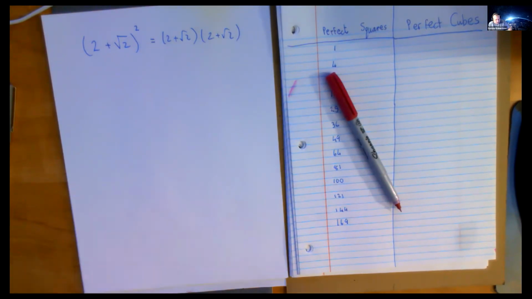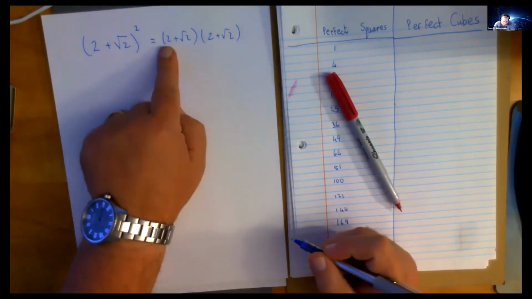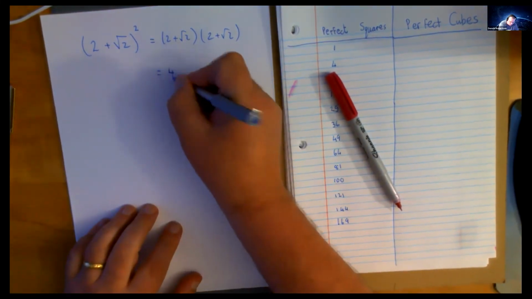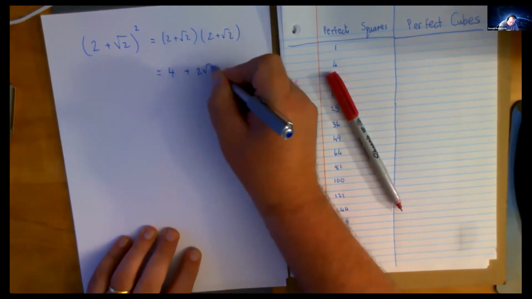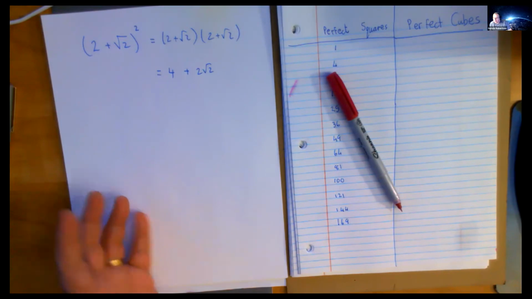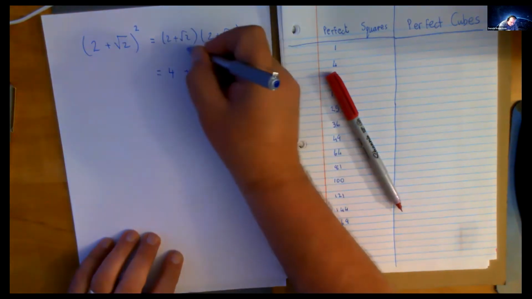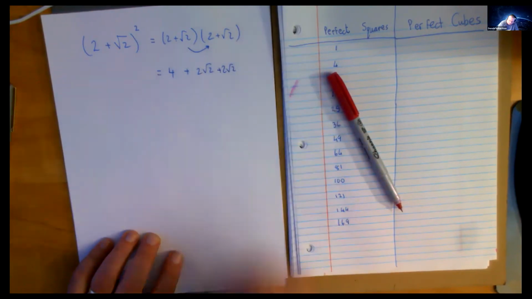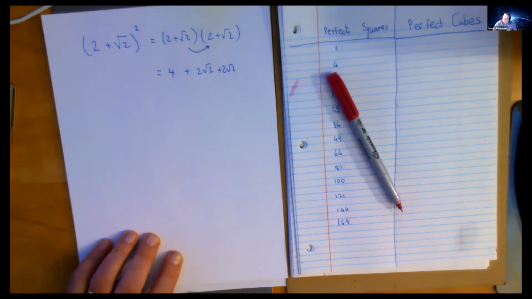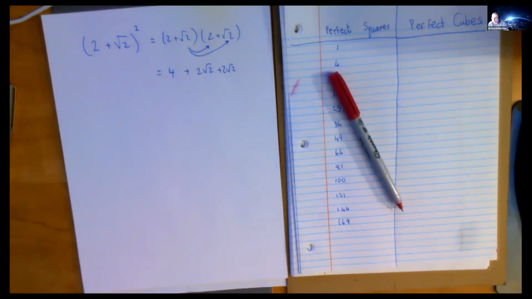I'm not going to do my little arrows with FOIL now, I'll just point. 2 times 2 gets you 4. 2 times root 2 just gets you 2 root 2. One of them's a number and the other's a square root. So when you multiply 2 and root 2 together, you just get 2 root 2's. Now if you go on the inside, wouldn't a root 2 times 2 just give you another 2 root 2? And what do you think you get when you do root 2 times another root 2?